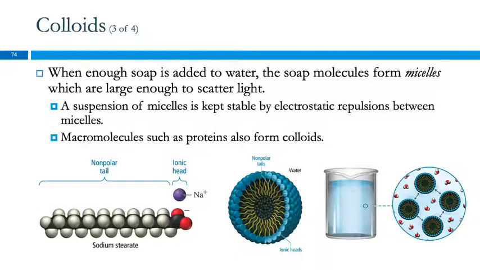Macromolecules like proteins also form colloids. So if you look at milk, milk is white, right? You can't see through it. And yet there's no precipitate, right? So why is it white?